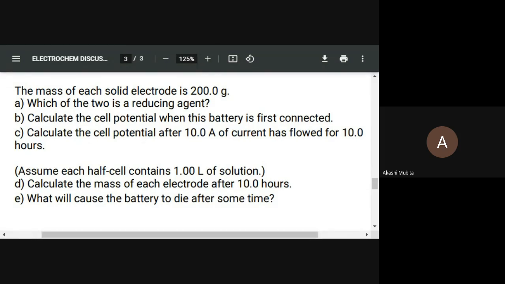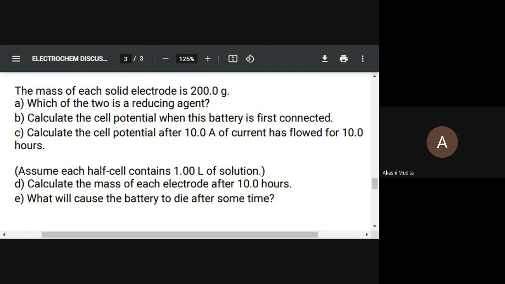Assume each half cell contains 1.00 liters of solution. So they want us to calculate voltage from 10.0 amps that we have, that is current. Then we have 10 hours of flow.